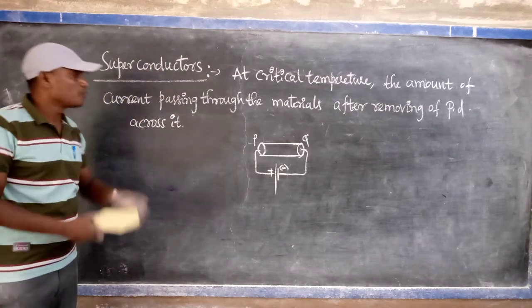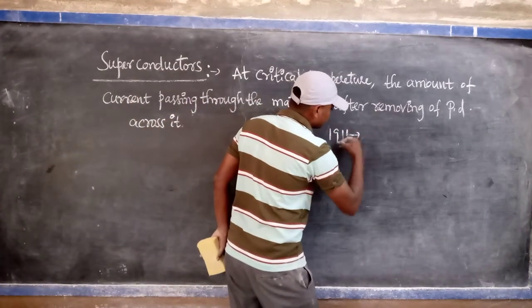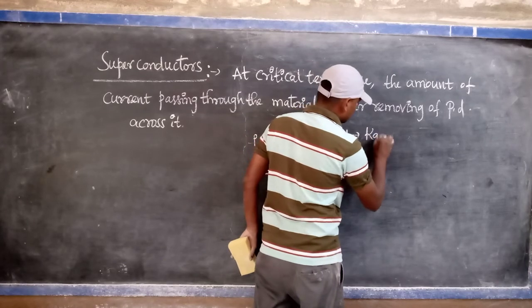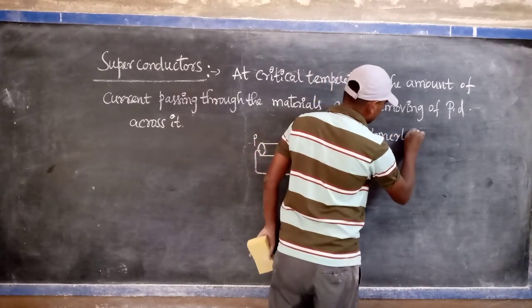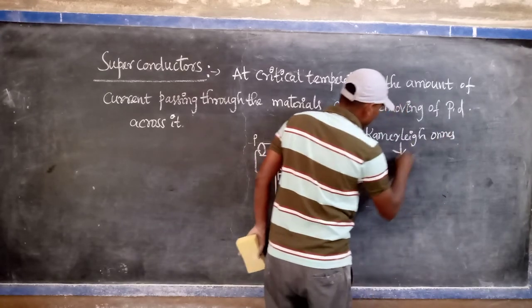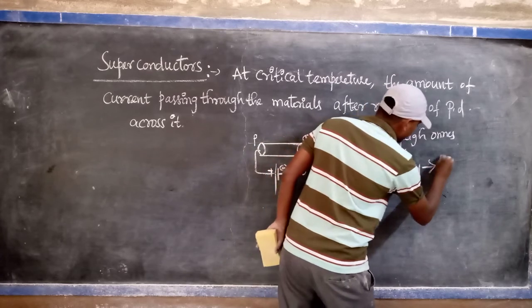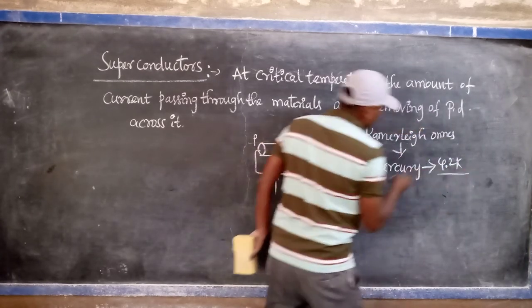In 1911, Onnes found that mercury has a critical temperature of 4.2 Kelvin.